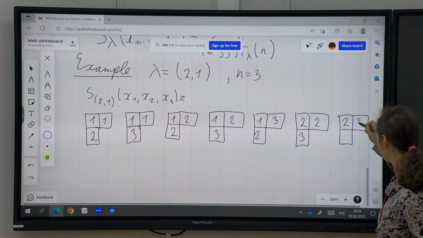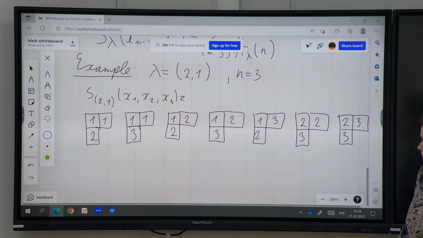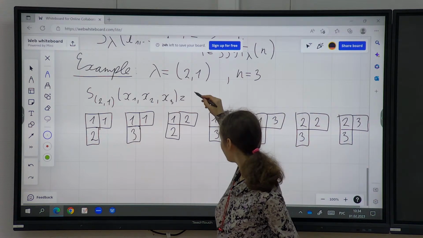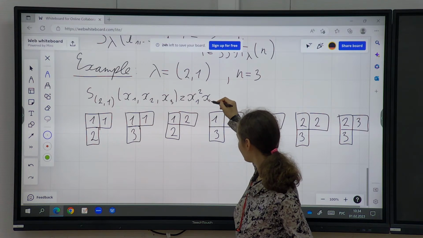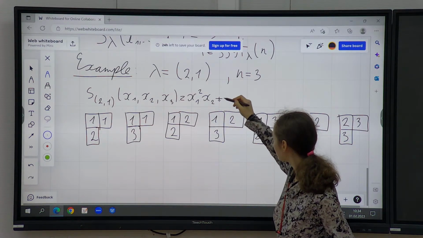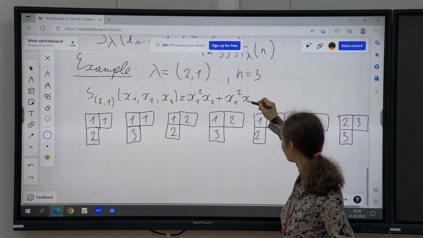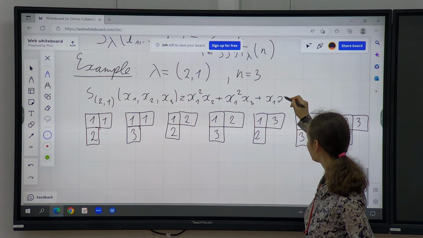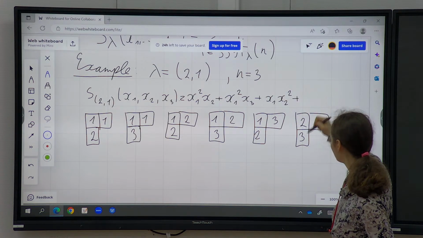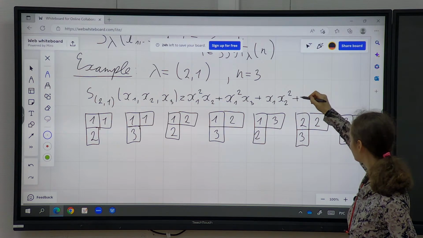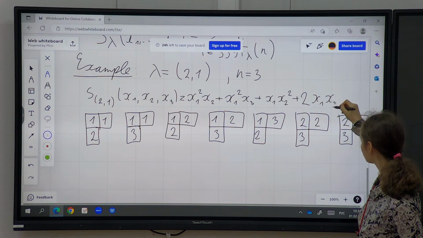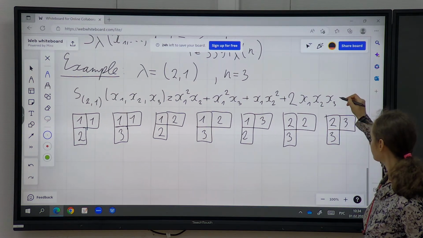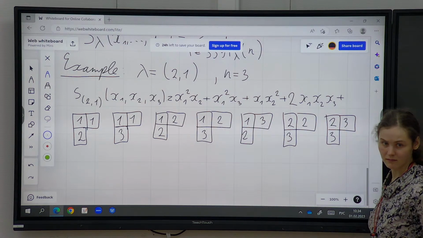And 2, 3, 3. So we have x1 squared x2 plus x1 squared x3, x1 x2 squared, 2 x1 x2 x3. I suppose there is also 1, 3, 3.